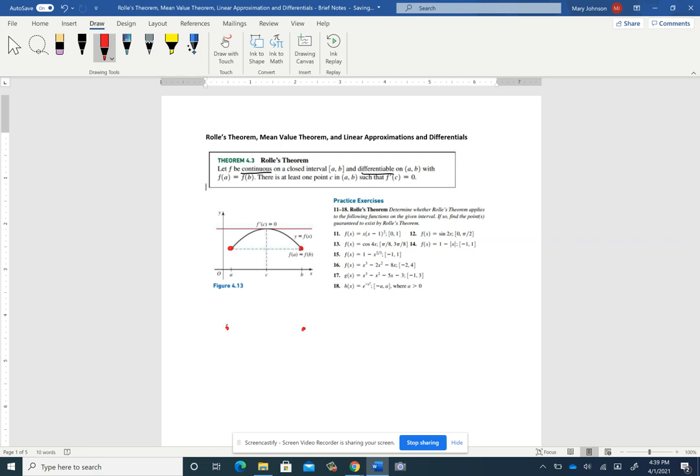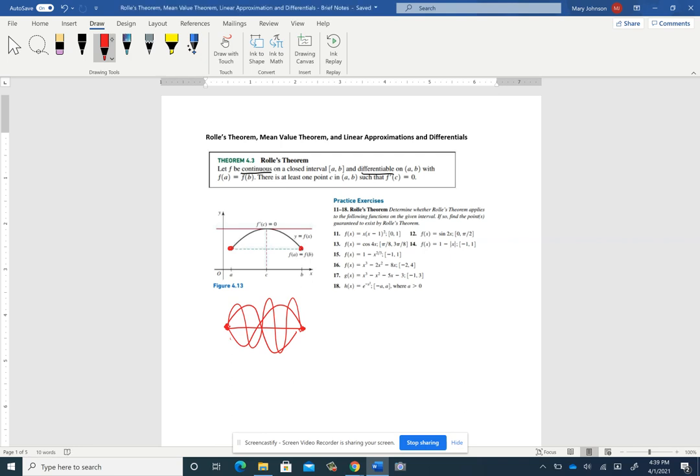So really all that's saying is, somewhere to get from here to here, maybe I'll go straight across, but maybe I'll have to go up and then down, or maybe down and then up, or maybe all over the place. But at least somewhere in that interval, the first derivative would have to equal 0.